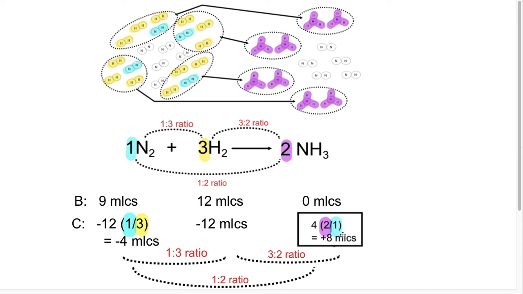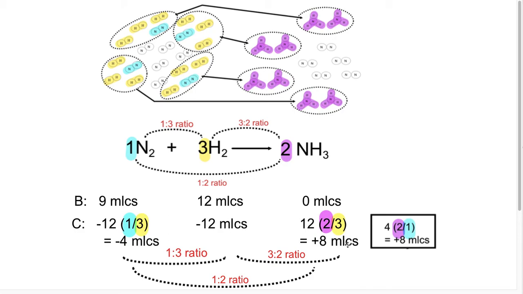And yep, indeed, that's the exact same answer I could have gotten if I started with 12. But because I started with 12, I needed to use a different ratio to get there. It's important to note that 9 does not show up here because that's in the before row. In order to use the change step, we do need to use numbers in the change step to figure out the other change molecules or atoms.